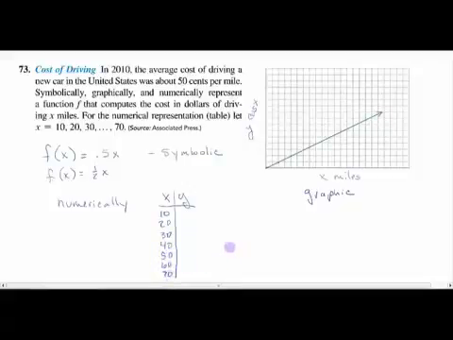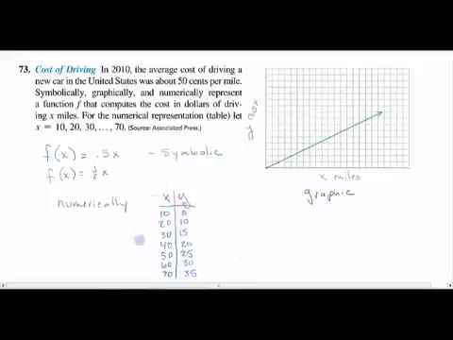When I put a 10 in here, 1/2 times 10 is 5. So if you drive 10 miles, it costs you $5. If I go 20, 0.5 times 20 is 10. In other words, all of our y's are going to be half of what those were. So 5, 10, 15, 20, 25, 30, 35.